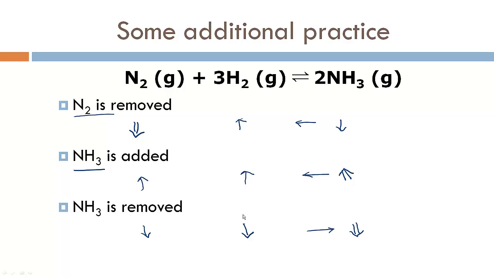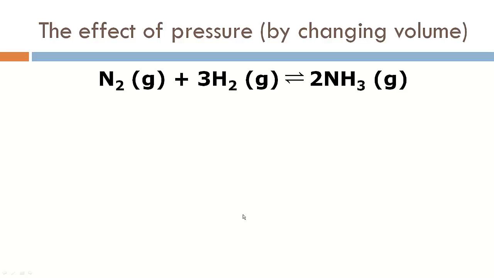Okay, there's a type of problem where you change the volume and all the partial pressures of all the gases change simultaneously and in proportion to each other. Just to give you an illustration though, it's not just pressure of one thing, it's pressure of everything.